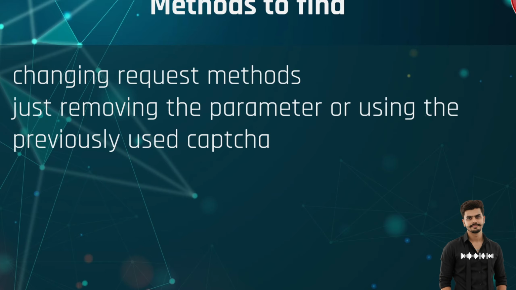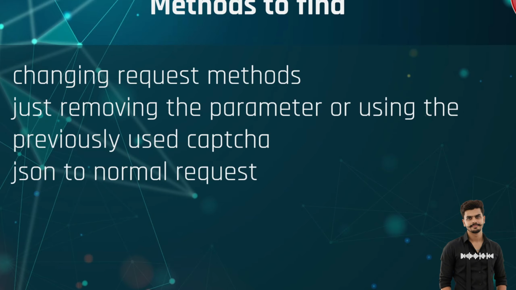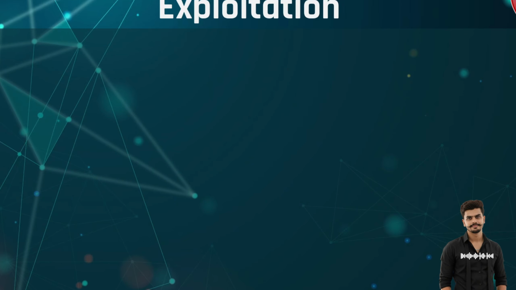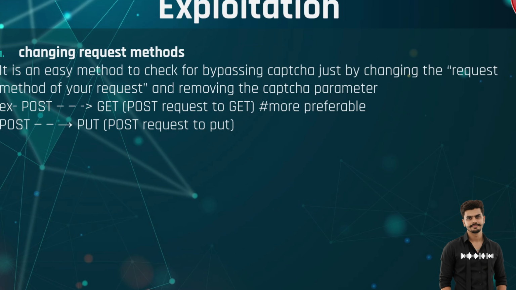So there you can go with changing the request method in order to bypass CAPTCHA, or you can just remove the parameter or use the previously used CAPTCHA, or JSON to normal request, using extra headers for rate limiting. Okay, let's see one by one.